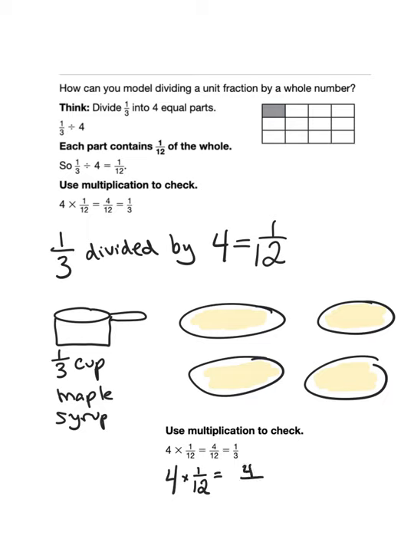We'd have 4/12 of a cup of maple syrup, which reduces to 1/3. And 1/3 is what we started with in our cup measure. So if you can retrace your steps with multiplication and get the dividend that you started with, then you know you've done it right.